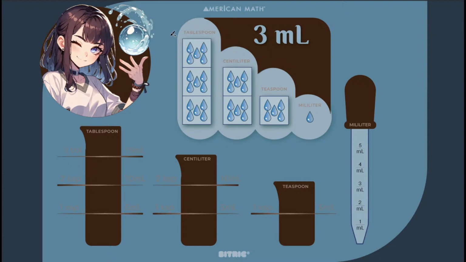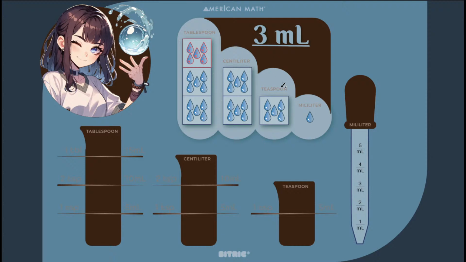So first off, can we fit a tablespoon inside of 3 milliliters? Well, we see that we have 3 teaspoons, but we really have 15 milliliters. Because we have 15 milliliters, that's way bigger than 3 milliliters, so that's not going to work. We go down to centiliters, which has 10 milliliters.